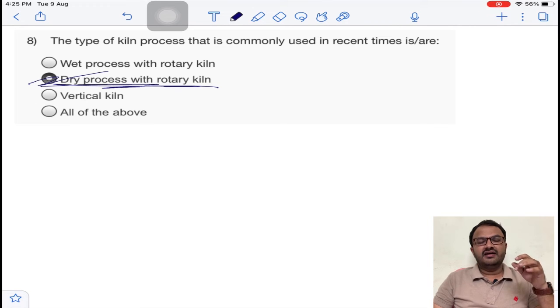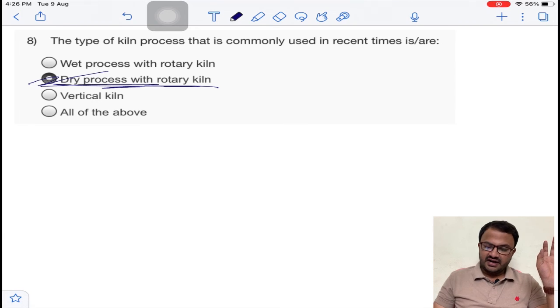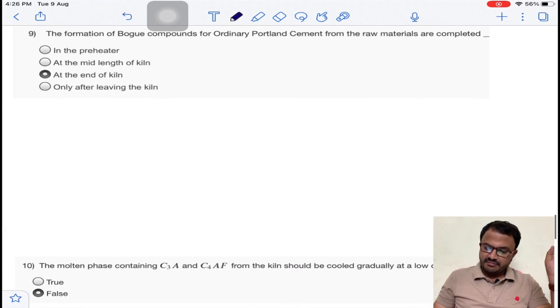Answer is B. If we use a wet process kiln, first of all we need to wet the material and again we need to dry the material. So the energy consumption in the wet process is more compared to the dry process. That's why in modern days the kiln used to prepare cement is the dry process kiln. I explained why we prefer the dry process kiln.